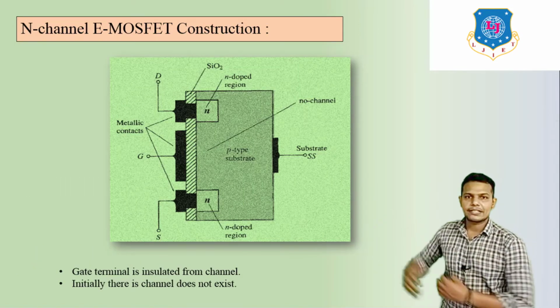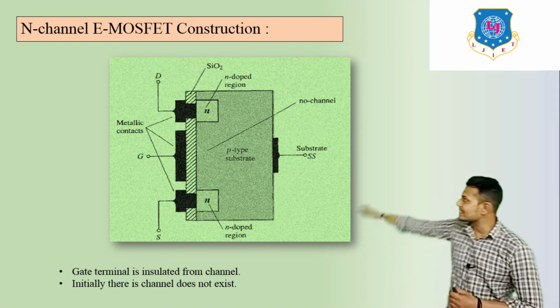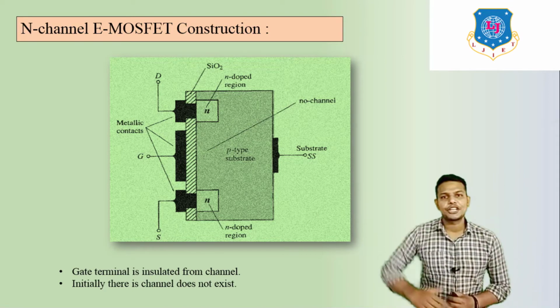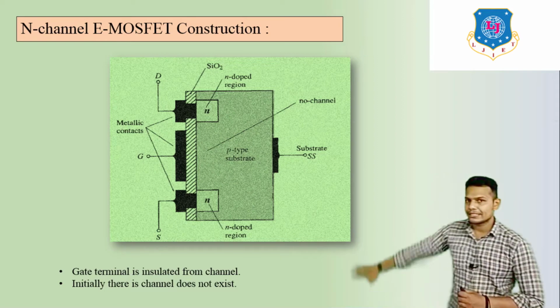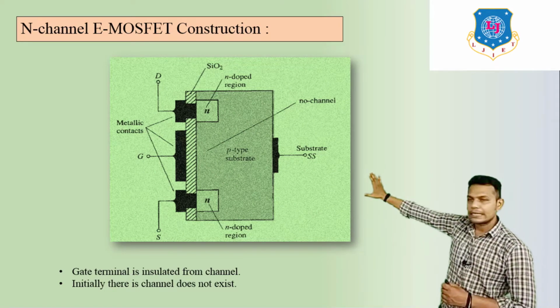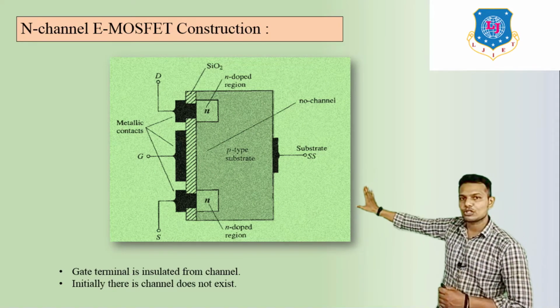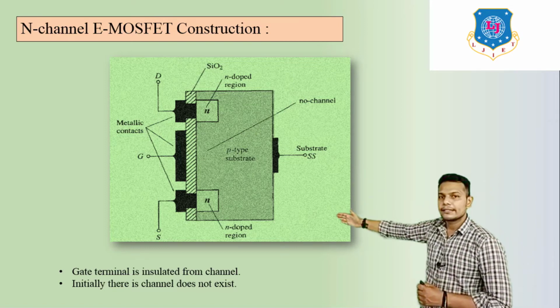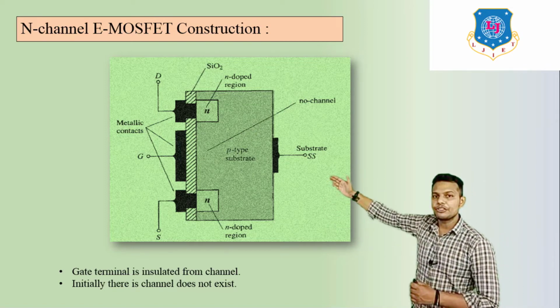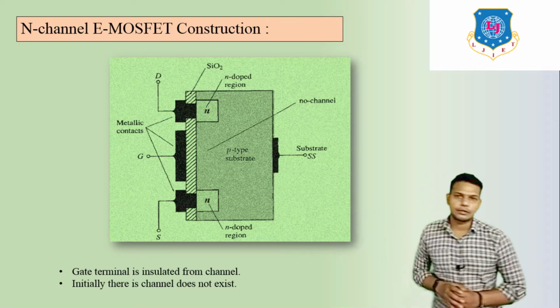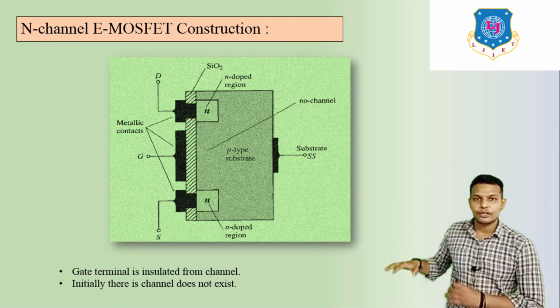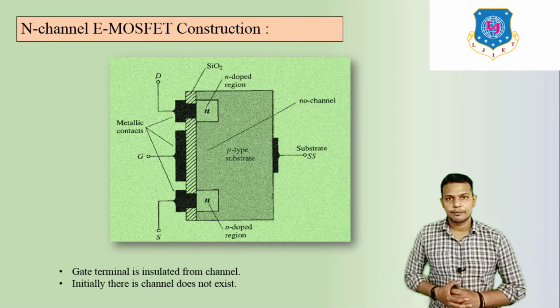Now let us discuss the construction. Here we can see the construction of the N channel E-MOSFET. This is the only difference between the E-MOSFET and D-MOSFET. Here we can see there is no channel present between the drain terminal and source terminal. This is the main difference of E-MOSFET.